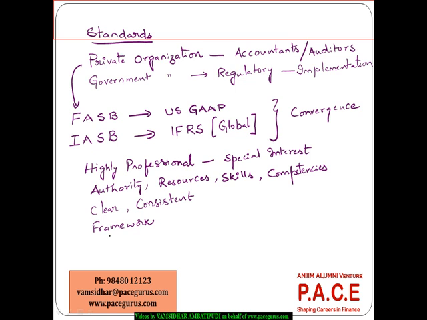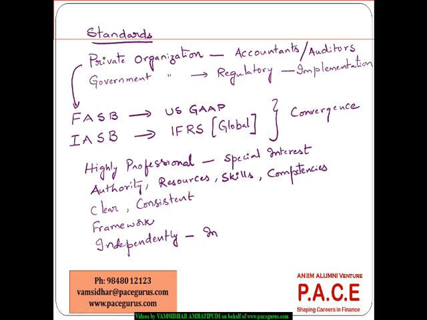If at all some standards need to be added or subtracted or deleted, a proper framework needs to be in place, and the whole body should be able to work more and more independently.